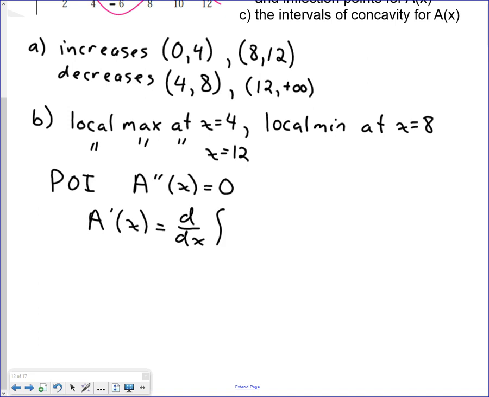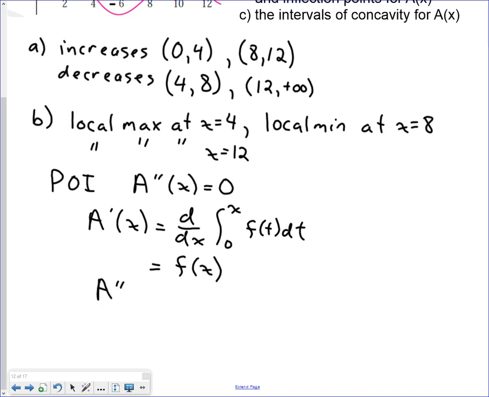And A at x is defined as the integral from 0 to x of f at t dt. We know from part 1 of the fundamental theorem of calculus that this is just going to be f at x, because the integration and the differentiation are going to cancel each other out.